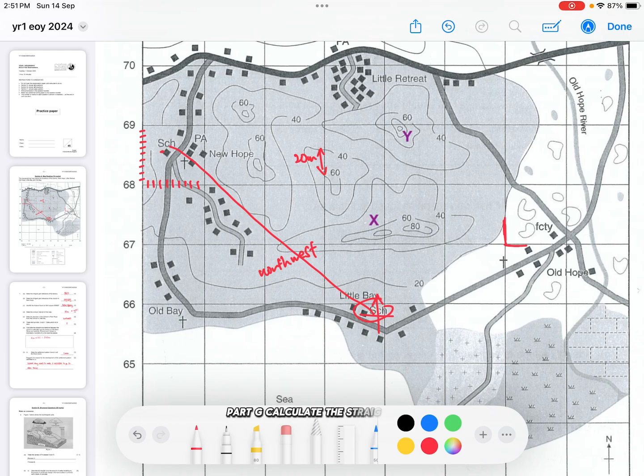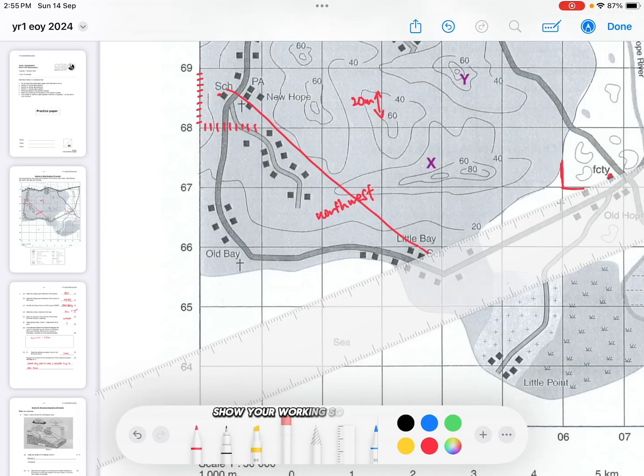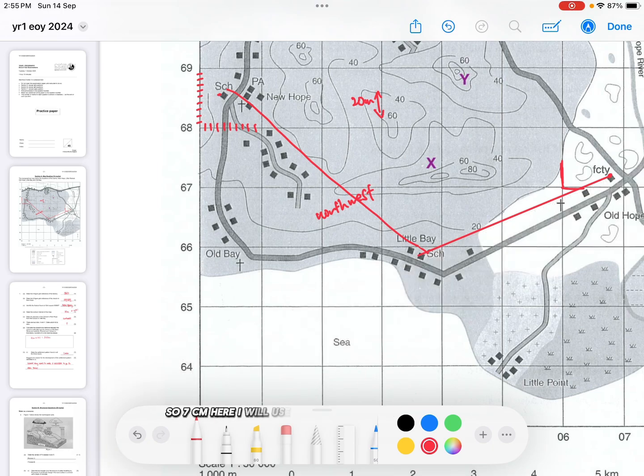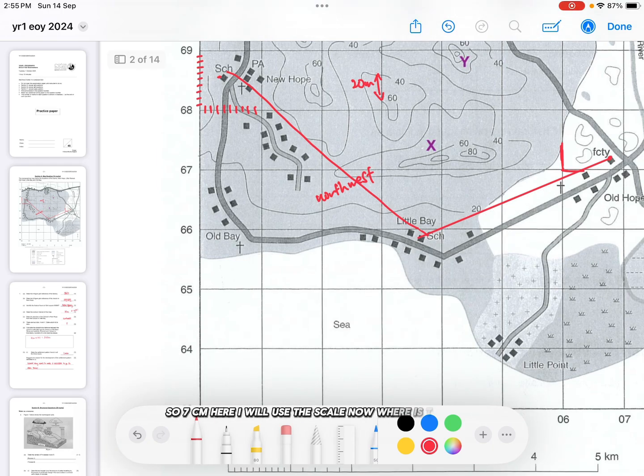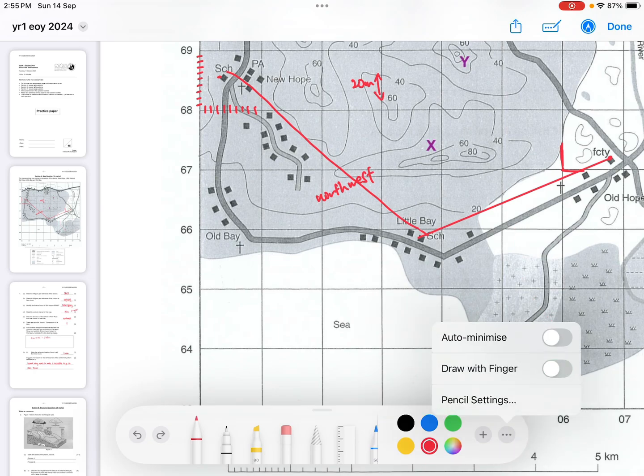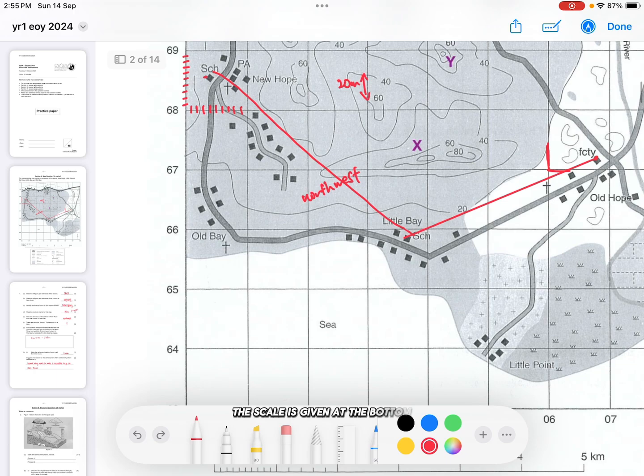Part G. Calculate the straight line distance between the school and the factory. Show your working. So my ruler is out. Let me draw a straight line to connect the school and the factory here in Old Hope. Next, I measure the distance using my ruler. I found that it's 7 cm. Here, I will use the scale. The scale is given at the bottom.